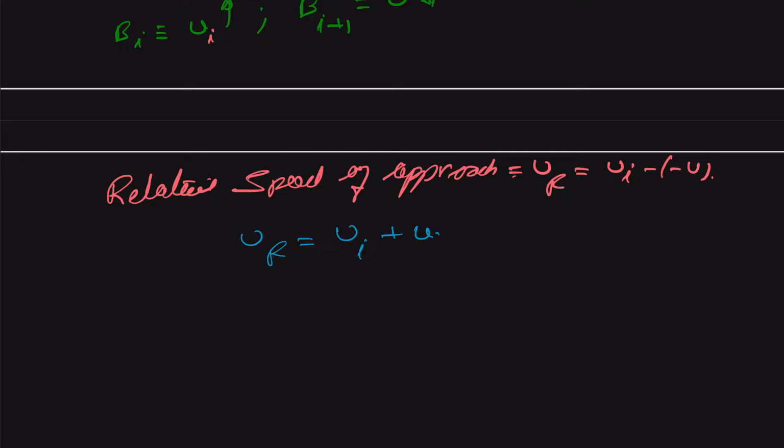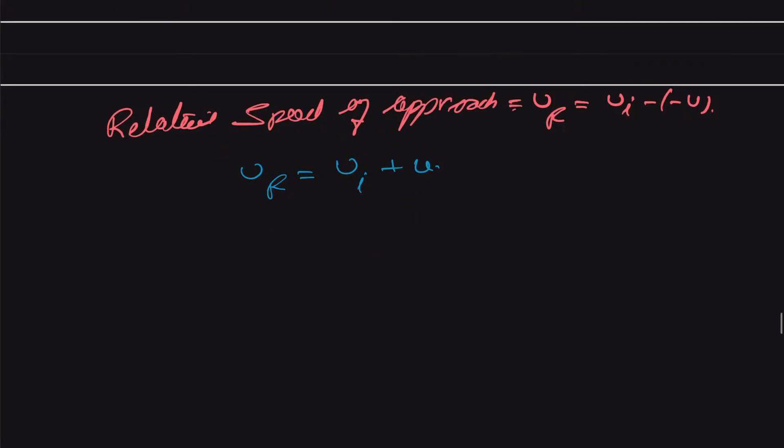Now we come to the relative speed after the collision. What happens when the collision takes place? We know that mi is much larger than mi plus 1.